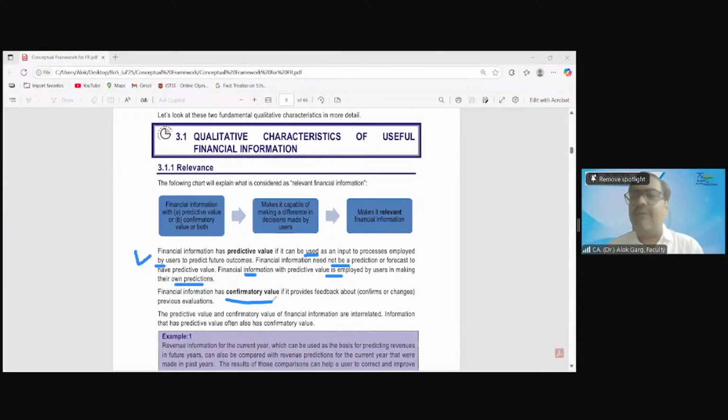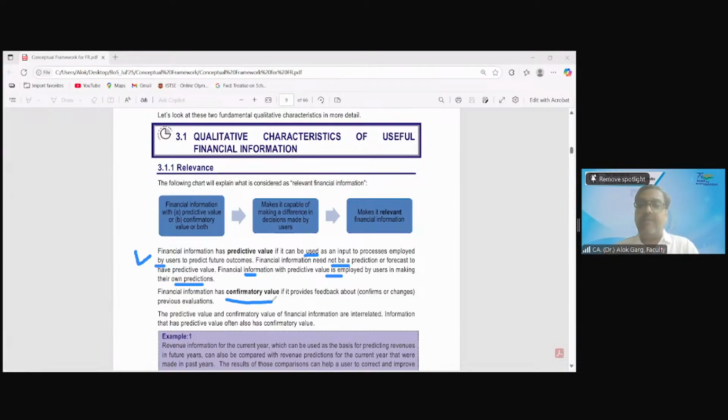So predictive value, we have understood, is that the user processes the information from the financial statement to make their own forecast. You also say that you bought a share of a company. You must be talking to your friends, or your friends must be talking to you. Yeah, I have purchased a share of Reliance Jio. Why? Because Reliance Jio is expanding a lot. This time they have made a profit of 500 crores. In the next year, probably they will make a profit of 1000 crores. Your friend is asking why.